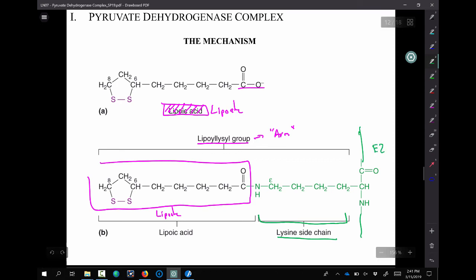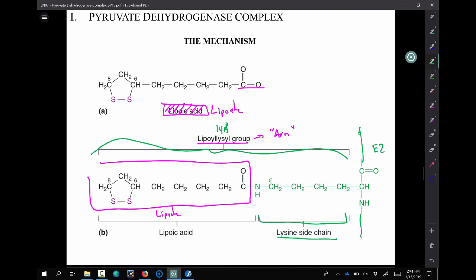Okay? The whole thing is 14 angstroms long. It's really long and it's really flexible. Okay? It can reach into other things. It can move all around. Lysine is a very flexible amino acid. The lipoate is a very flexible coenzyme. Okay?